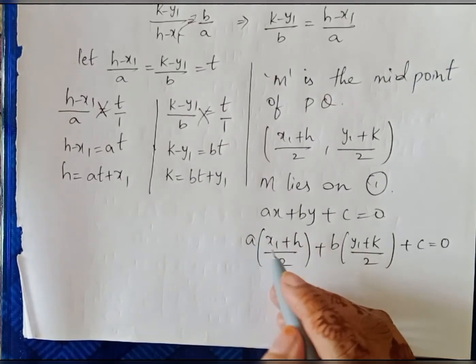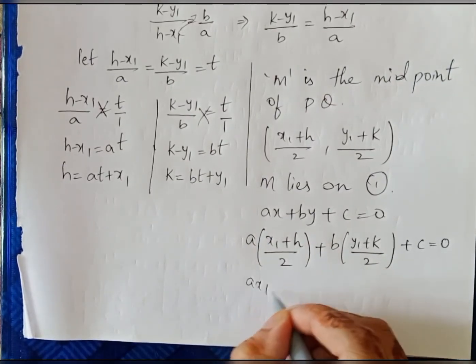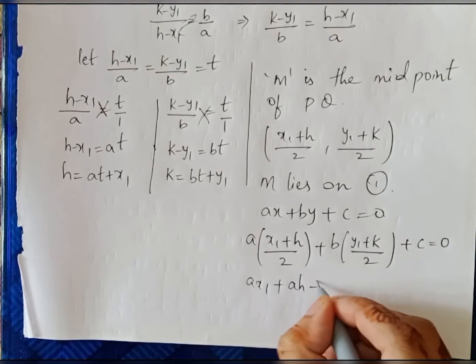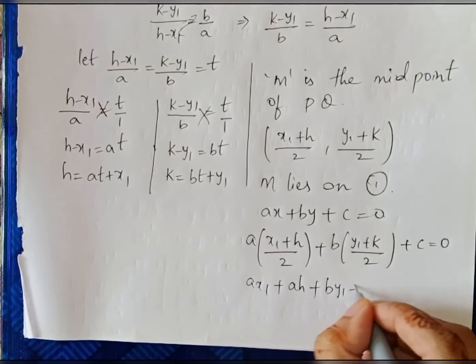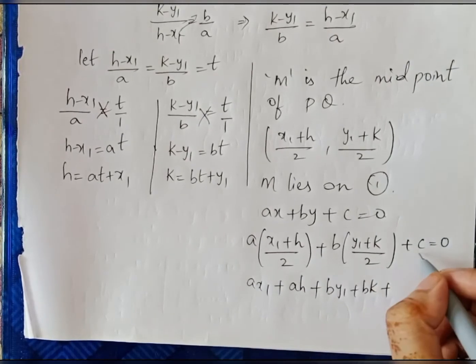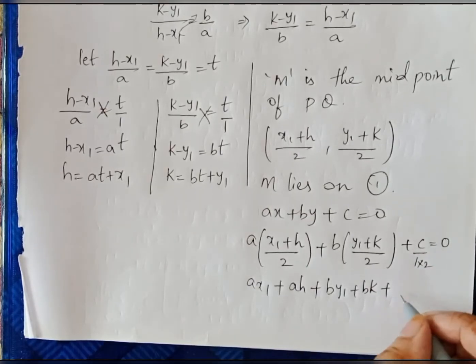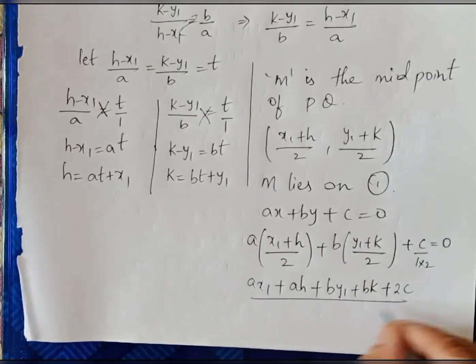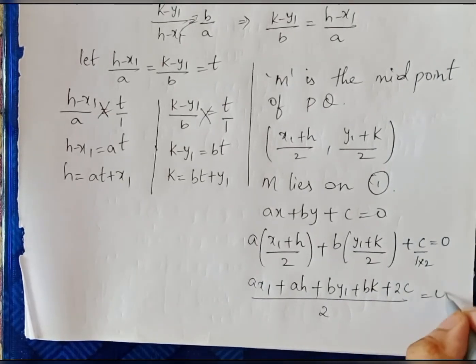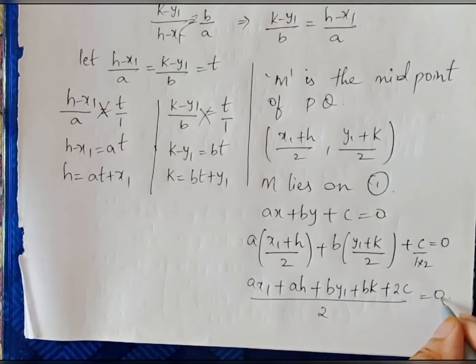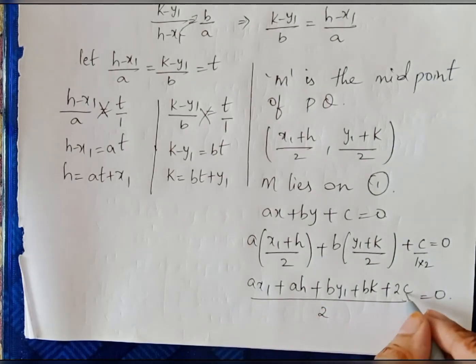Multiplying a inside, so it is ax1 plus ah plus by1 plus bk plus c by 1, so it is 1 into 2 and above the same, so it is plus 2c by 2 equals to 0. So this 2 multiplies here with 0, so it is 0. We are left with this, right?